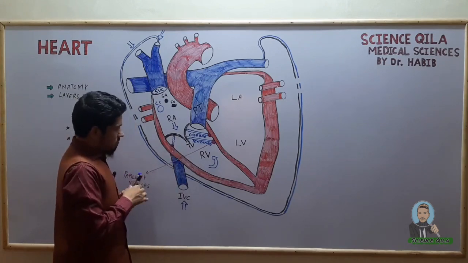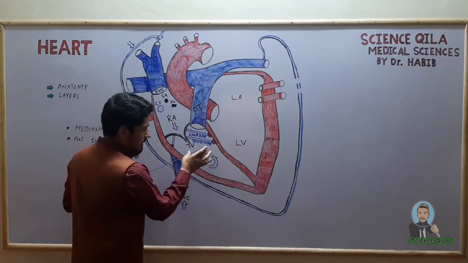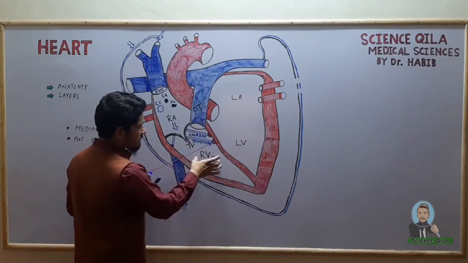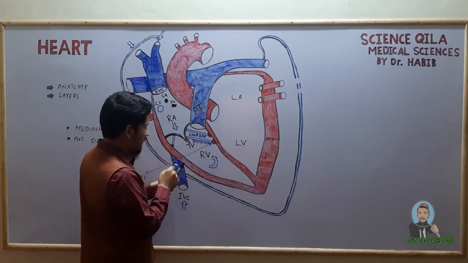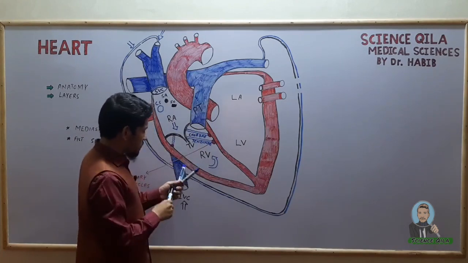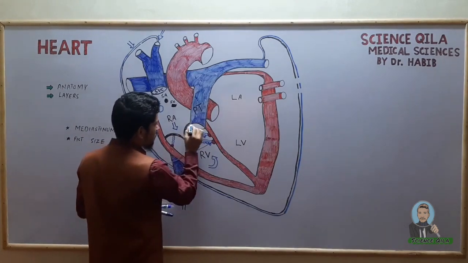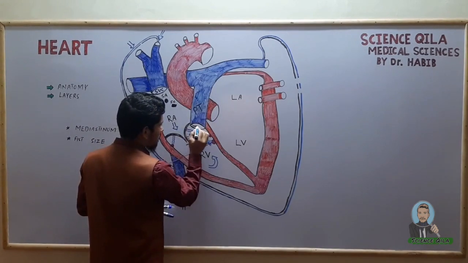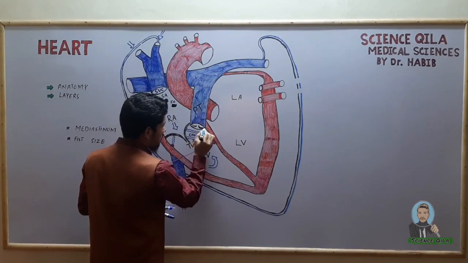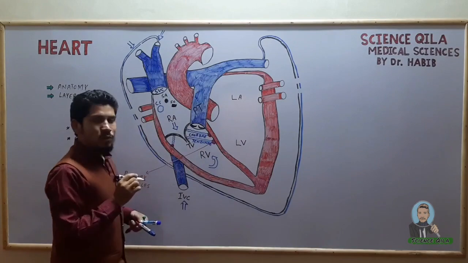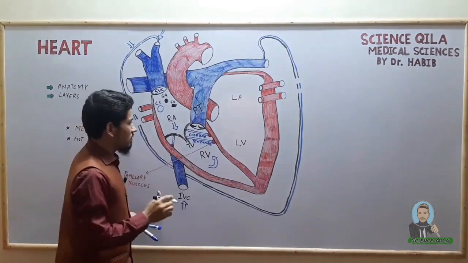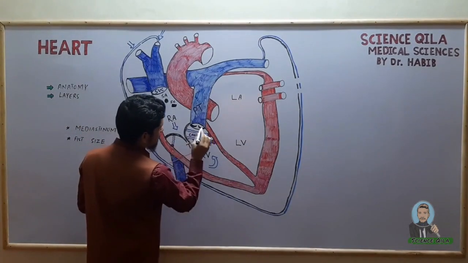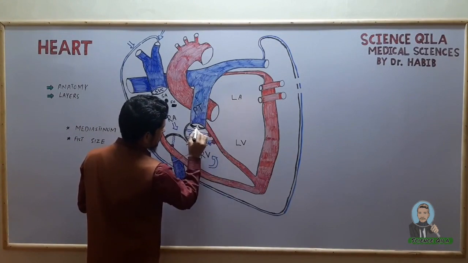Before the blood enters into the pulmonary trunk, it also passes through one valve, at the opening of the pulmonary trunk. This valve is shaped just like a half moon, that's why we call it a semi-lunar valve.